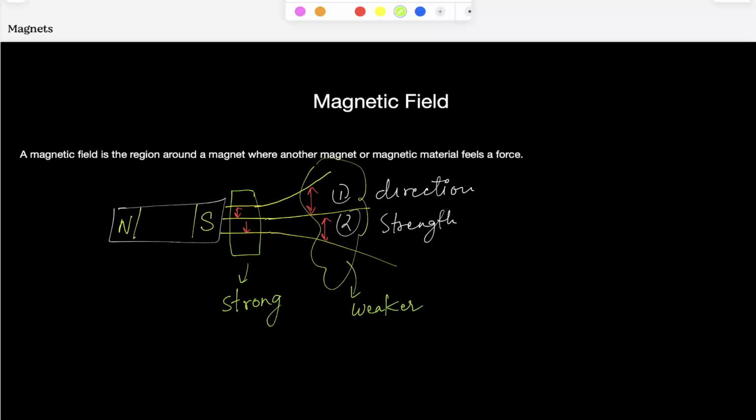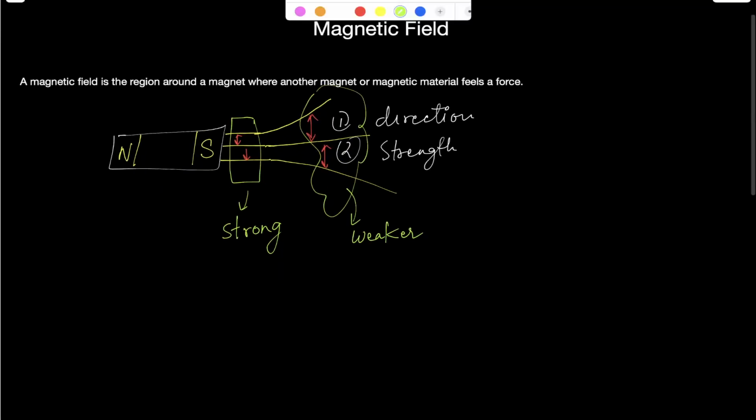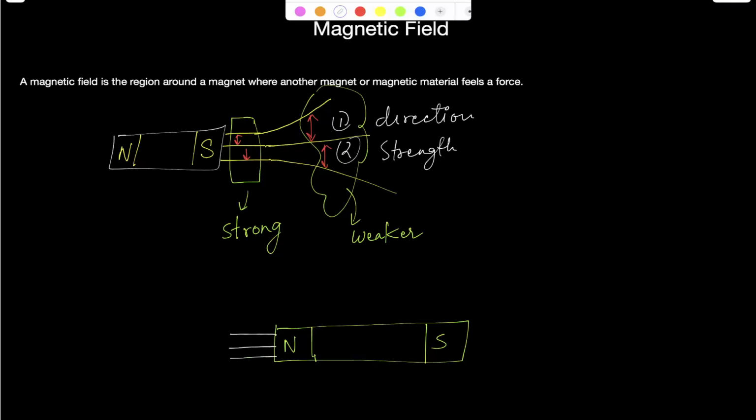Now, how do we draw the magnetic field around a bar magnet? Let me draw a bar magnet here. This is north and that's south. The first thing to remember is that magnetic field lines are curved lines. Near your north and south poles the field is quite strong, and then the lines start to deflect.